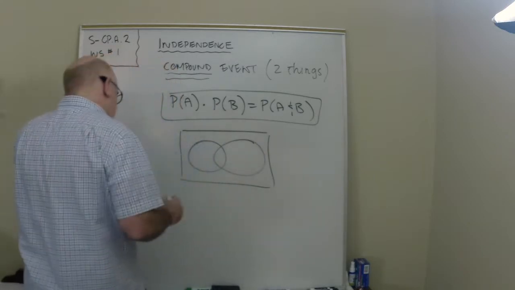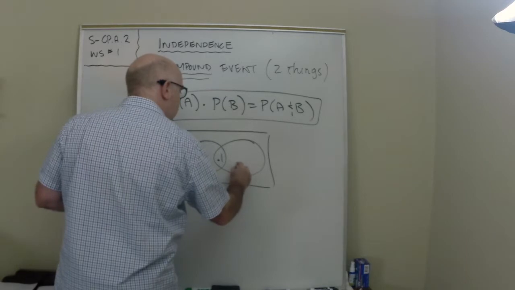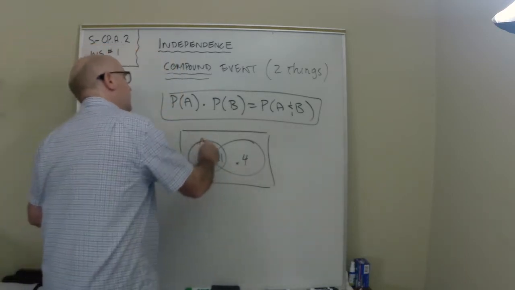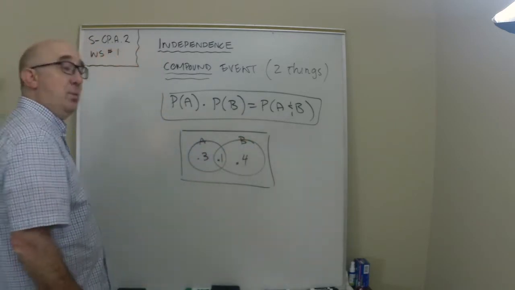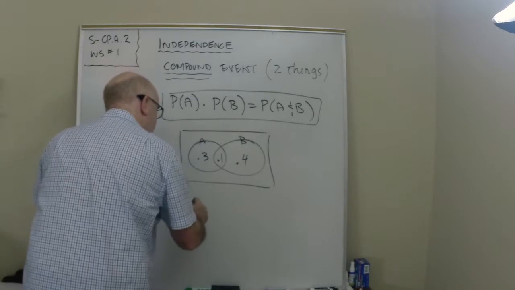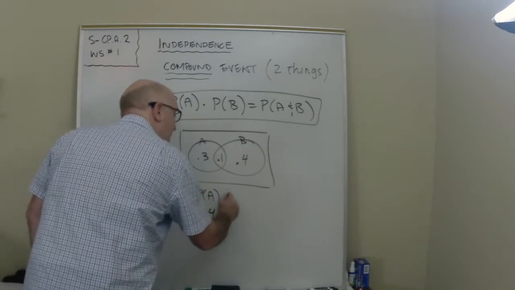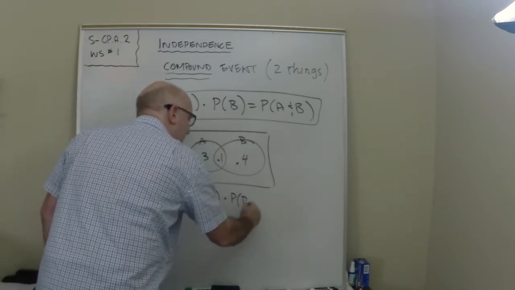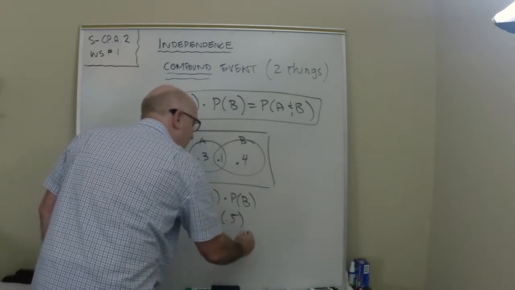Let me just show you an example here to test if they are or are not independent. So let's say here is the probability of A and the probability of B. And we take our guy here, and the probability of A is 0.4. Notice 0.4. And the probability of B is 0.5.